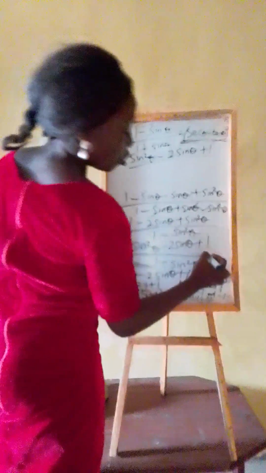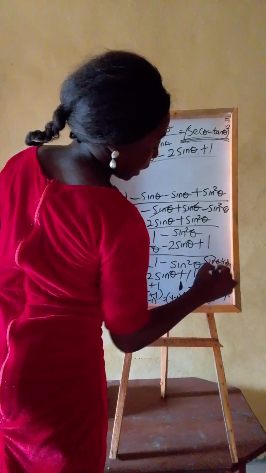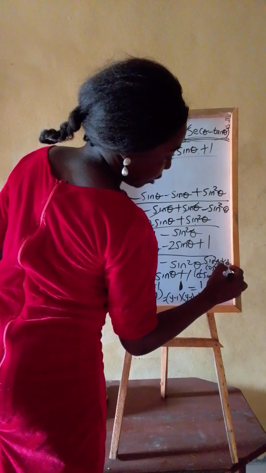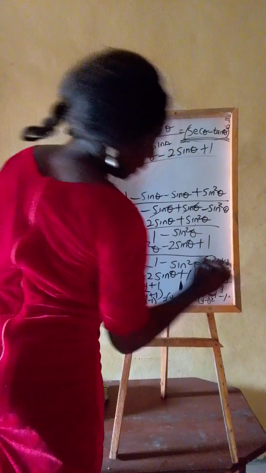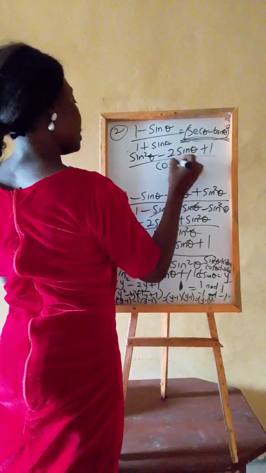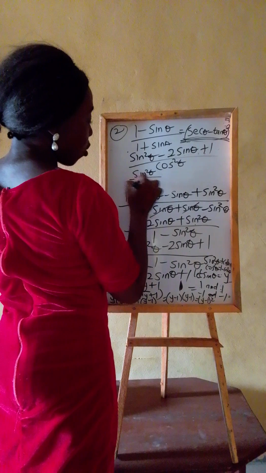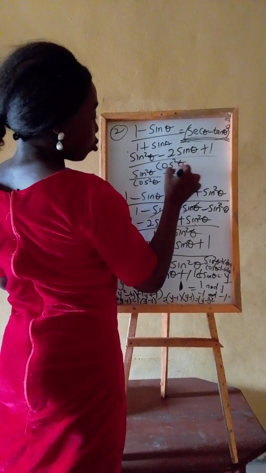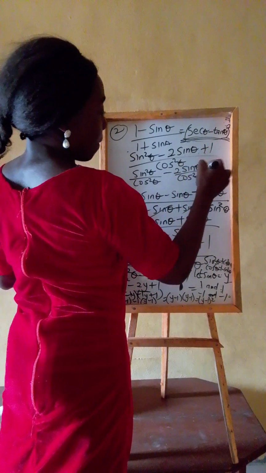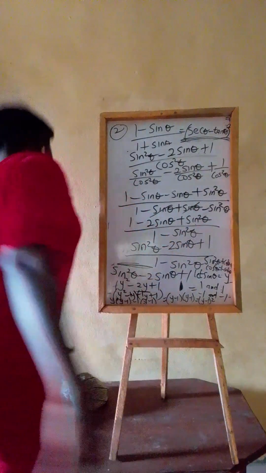Remember that sine squared theta plus cos squared theta equals 1, so 1 minus sine squared theta gives cos squared theta. So you separate: sine squared theta over cos squared theta minus 2 sine theta over cos squared theta plus 1 over cos squared theta.